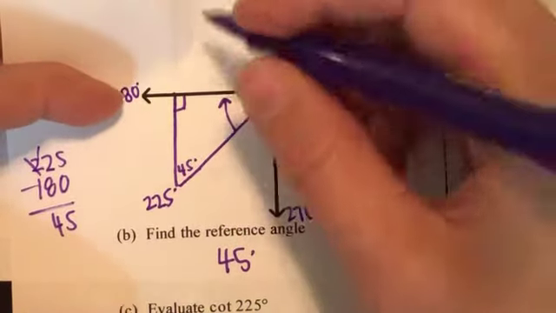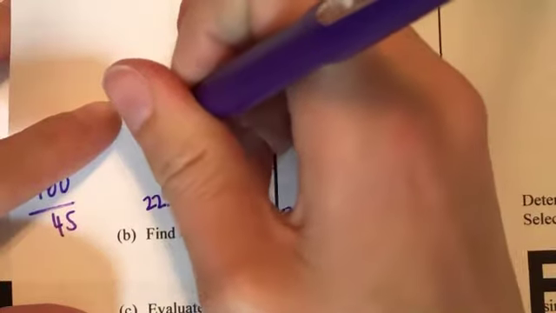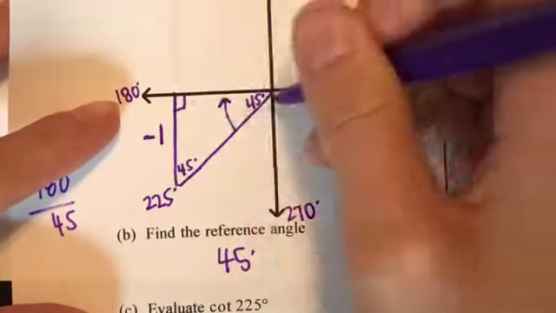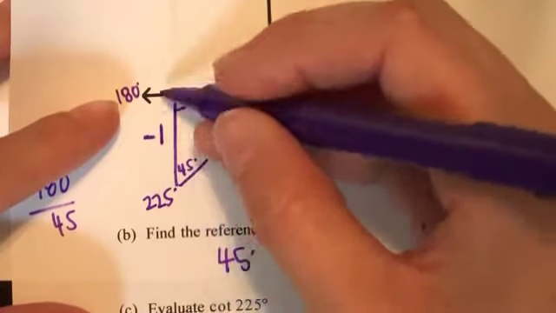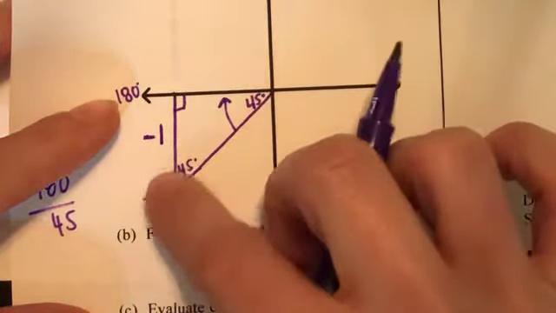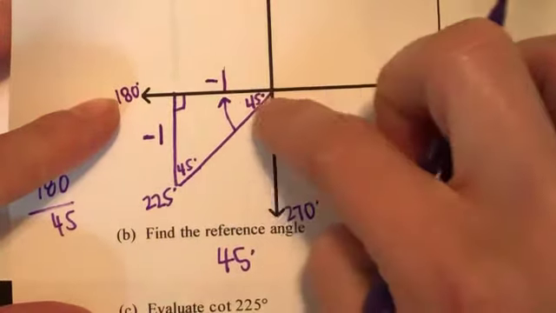In the 45, 45, 90, the legs are always going to be 1. So across from this 45-degree angle, it's -1 because I'm going down over here in the 3rd quadrant. And then my adjacent is also negative because it's going to the left on this x-axis.